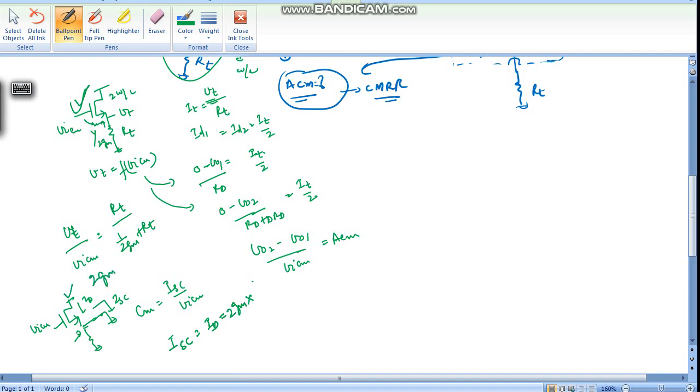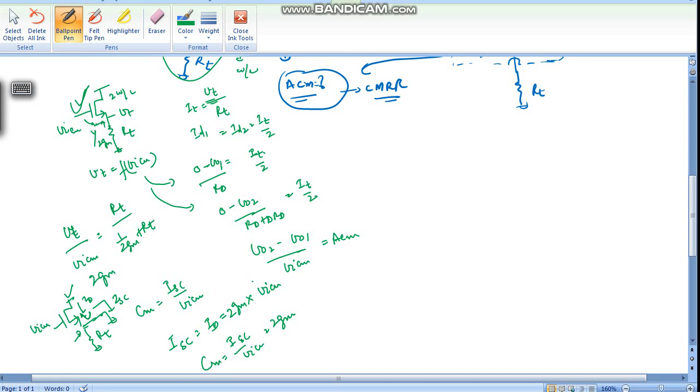So we will write here 2 GM into VICM, because the output is 0. So ISC upon VICM equals 2 GM. So this is GM. And the output resistance we need to find out. Output resistance: the upper side is 1 by 2 GM, the lower side is RT, and both are in parallel.